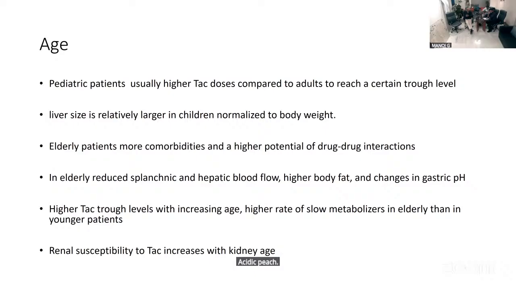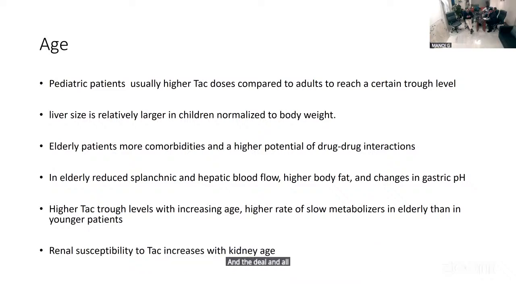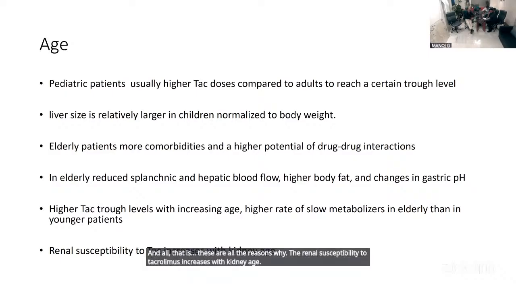A change in pH from acidic to alkaline can reduce the absorption. Again, most of the elderly patients are slow metabolizers, and these are all the reasons why the renal susceptibility to tacrolimus increases with kidney age.